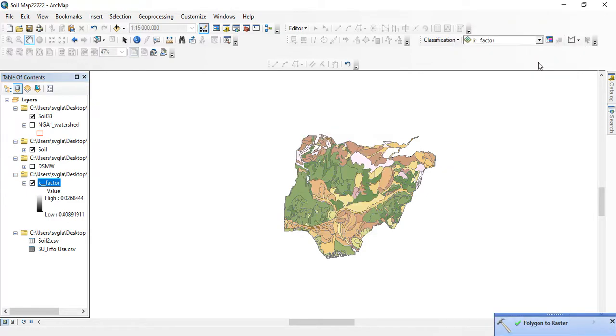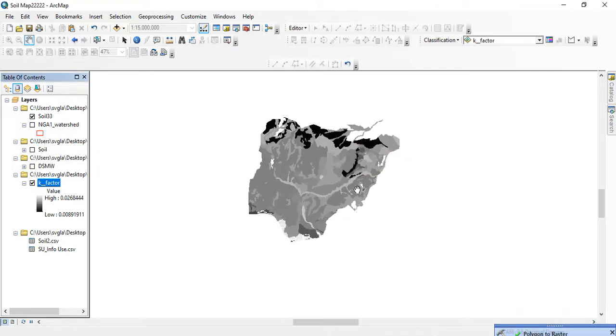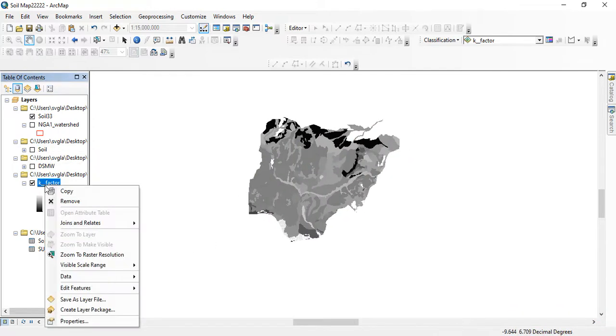Now I have my K factor, my erodibility map.